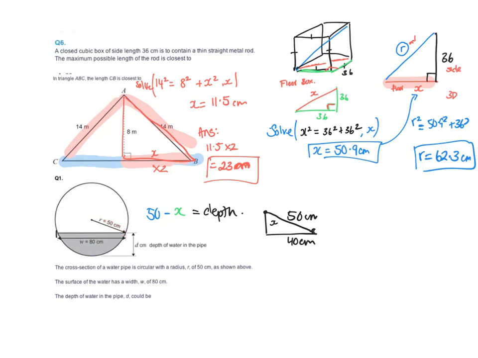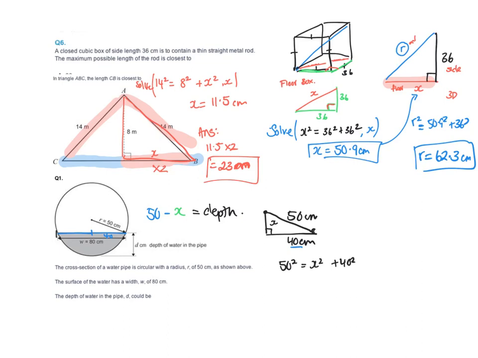So what I'm saying is that you're splitting this 80 in half, so you know this is 40 here. So I know that's 40 there. So now I can use Pythagoras to find x. So I can say 50 squared equals x squared plus 40 squared.